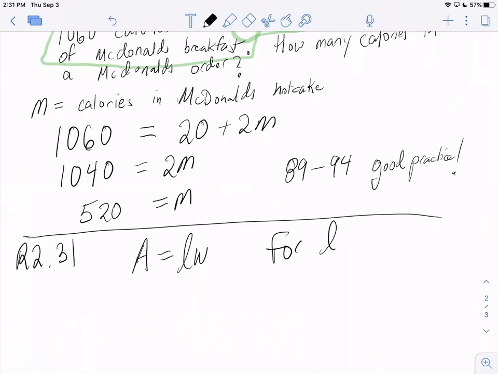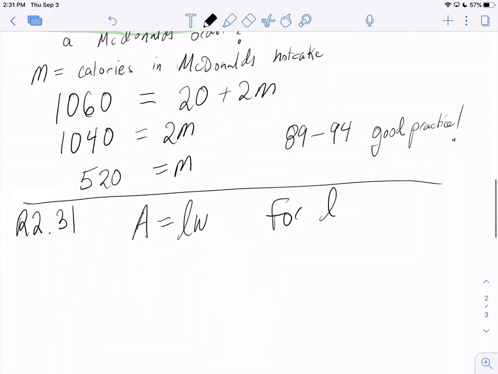So the way to interpret that is we think of A and W as if they're just numbers, and we try to isolate L in the equation. So in this case, there's only one step.